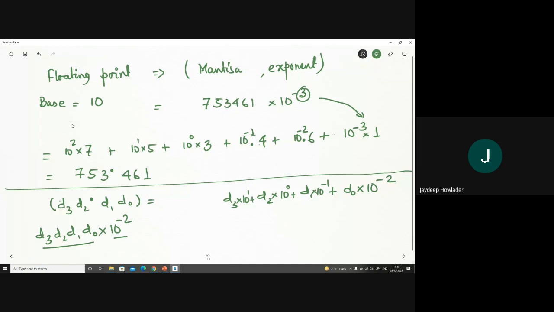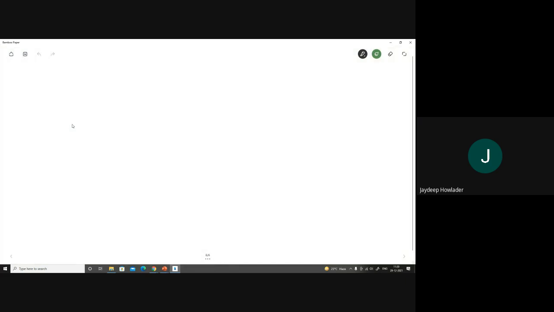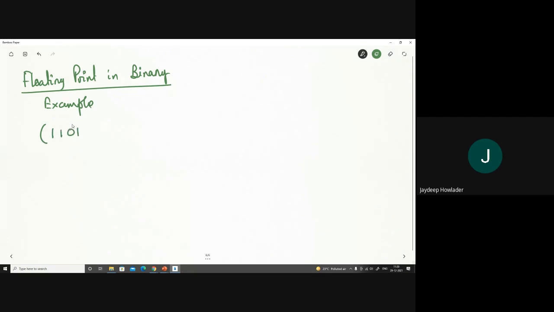Okay. So similarly, when we come to the computer, or when we come to the representations in the binary form, a floating point in binary is also having the similar representation. Say an example is, if we take 110101 into say 2 to the power -3.